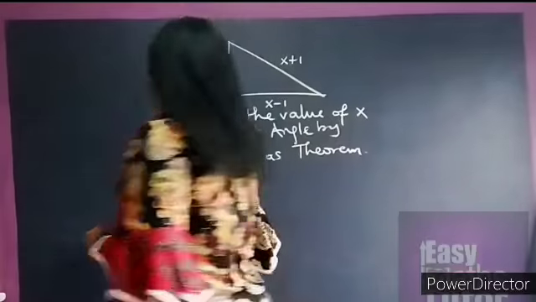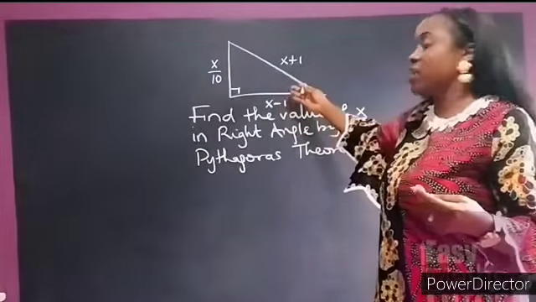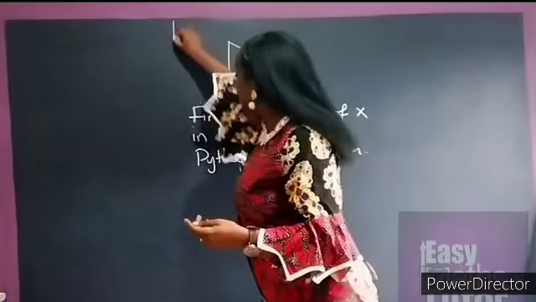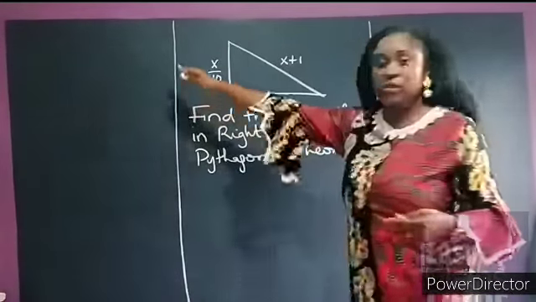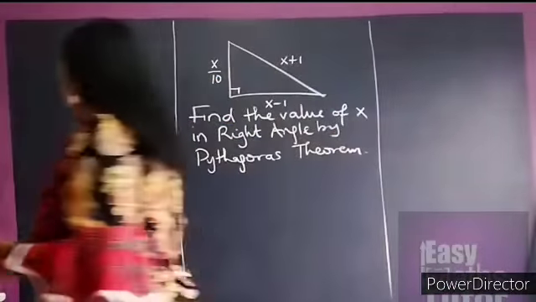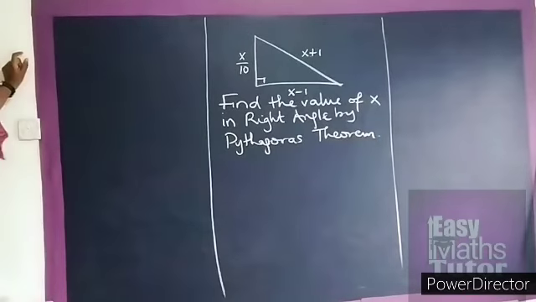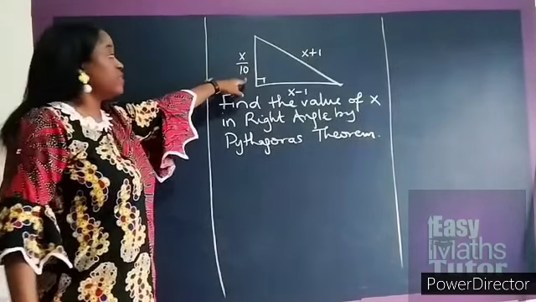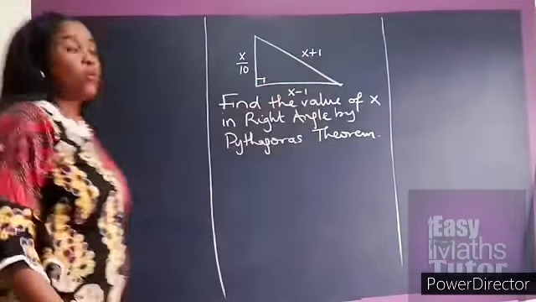So let's assume, by using this right angle triangle as a case study, right? So let's go to this side to solve it. Now, using Pythagoras theorem, the square of this side, this square plus this square is equal to this square. Alright?